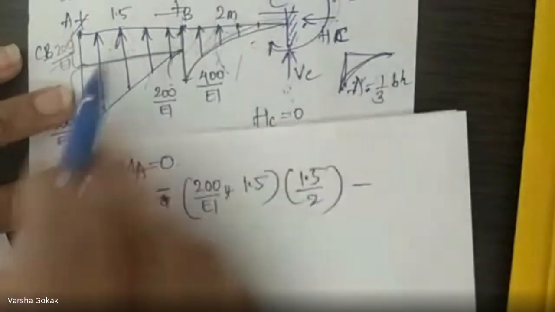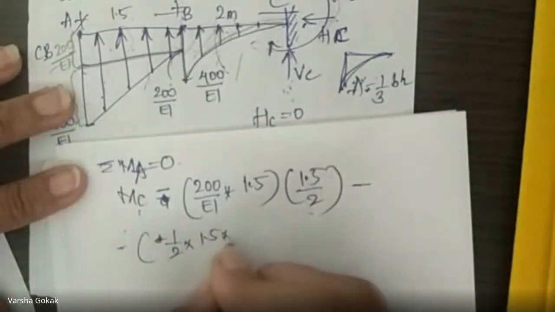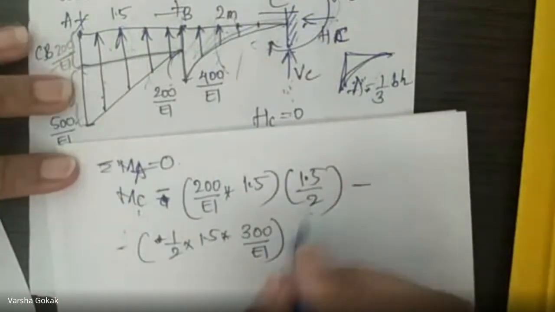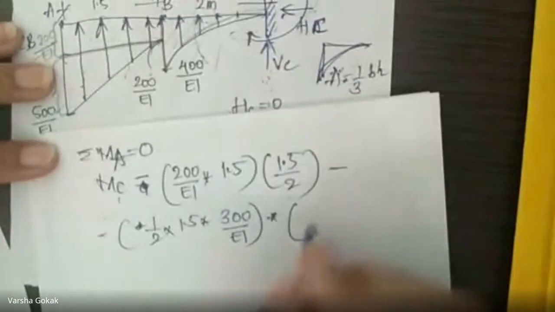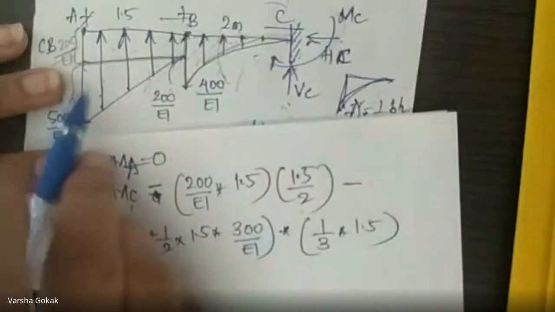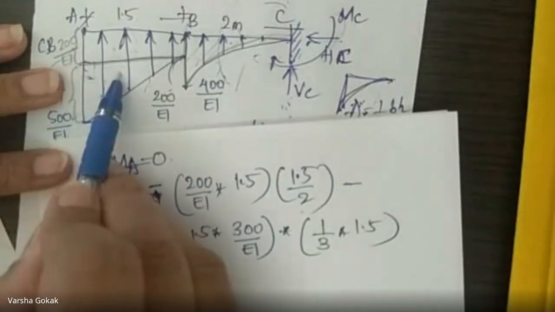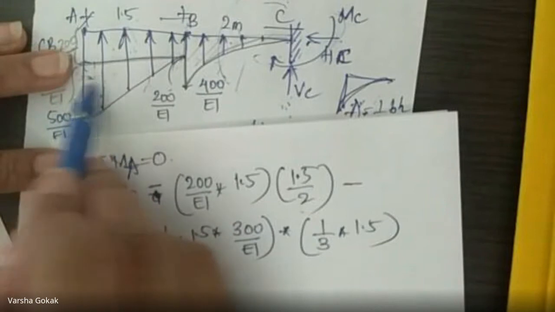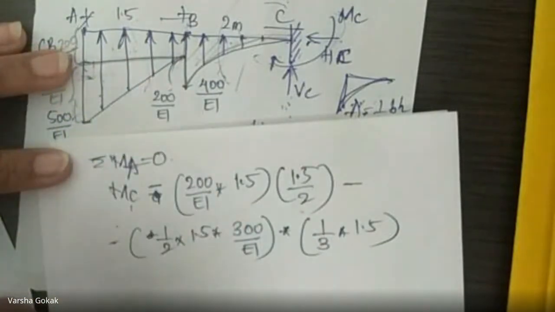Half base is 1.5, height is 300 by EI. Half base into height into CG. CG is going to be 1/3 of 1.5 because there is a 90 degree angle here, so this distance would be 1/3 and this distance is 2/3. I'm taking moment here, so 1/3 of 1.5.